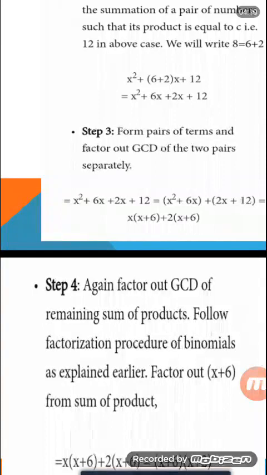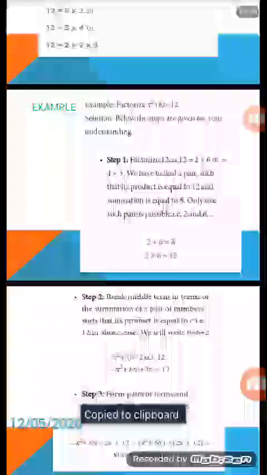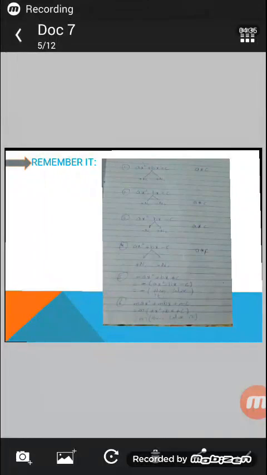If you don't get the same common factor x plus 6, then your solution is wrong. So x plus 6 combine and x plus 2 will combine. Remember it, students.